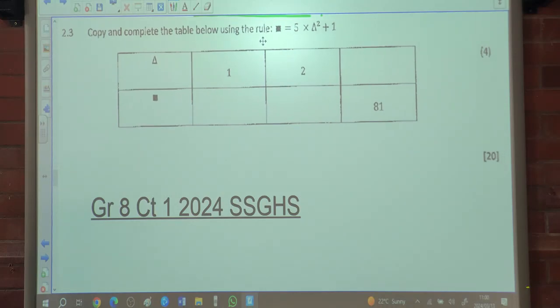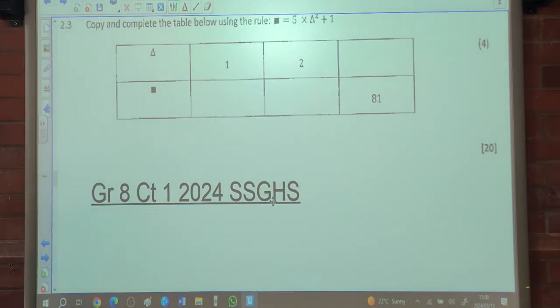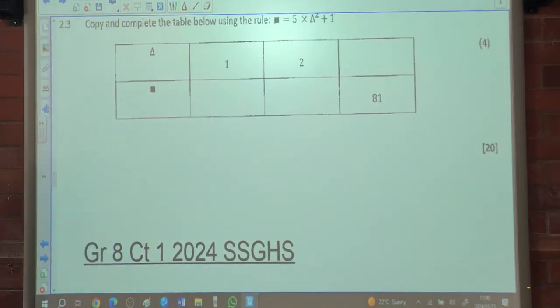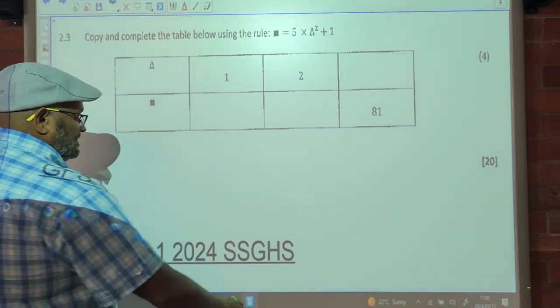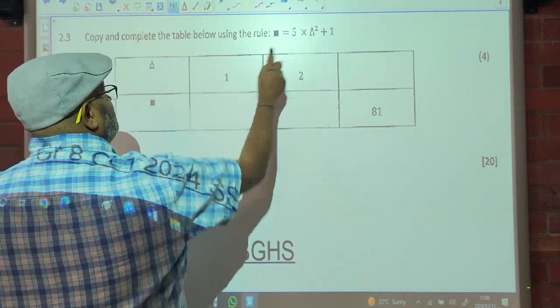Then copy and complete the table below using the rule. Your square is equal to 5 times your triangle squared plus 1. So in the first case, what is your triangle? 1.